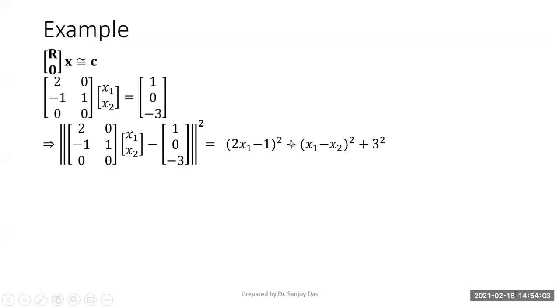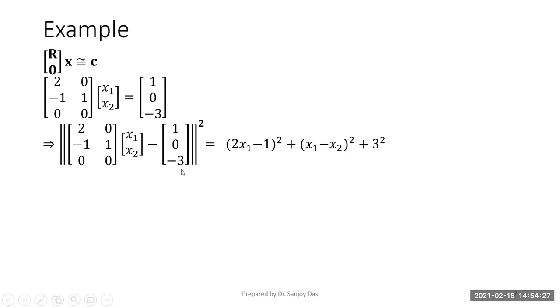We simplified this and we get this expression here. This is equal to the L2 norm. We do the matrix multiplication, then take the square of all the elements and add them up together.